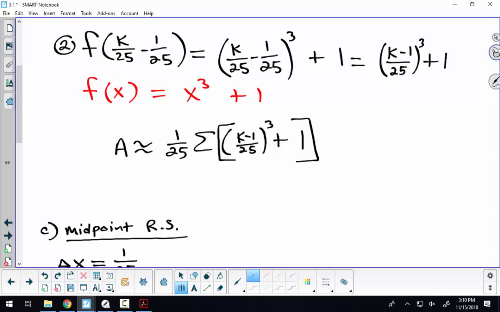So we plug that into the summation calculator to get 5.8416.